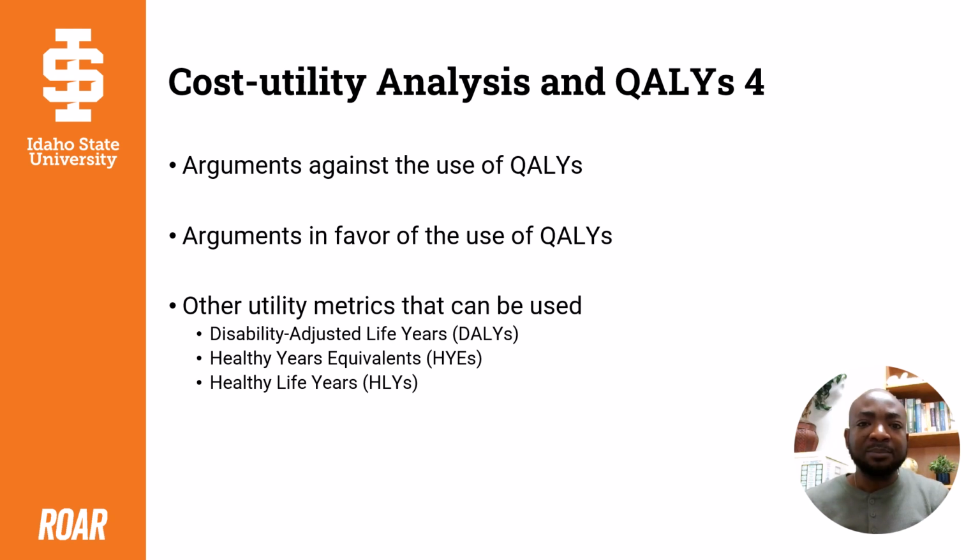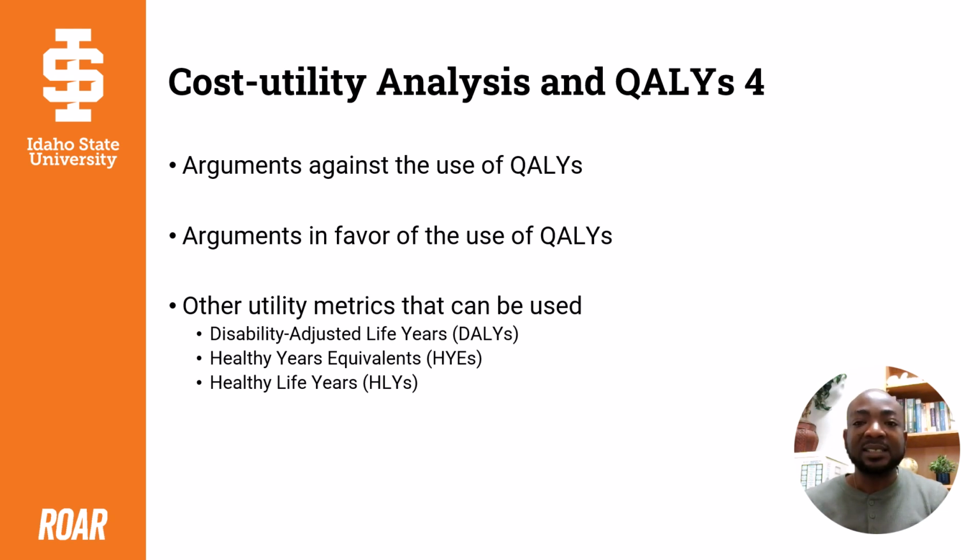Other utility metrics that can be used include the disability adjusted life years, DALYs, and this metric can be used to measure the effect of ill health. The measure uses the residual burden of disease and/or injury as an outcome measure. Healthy year equivalents, HYEs, have been used as an alternative to QALYs.